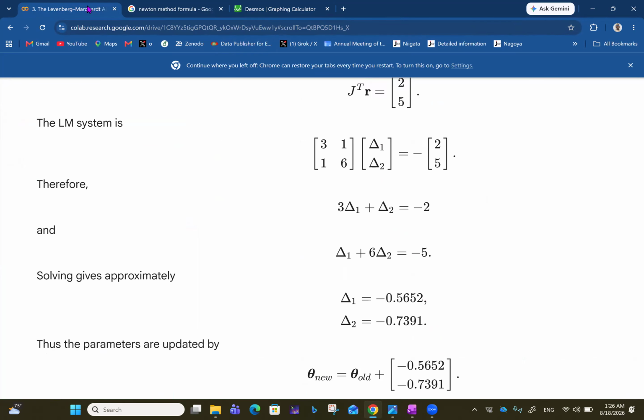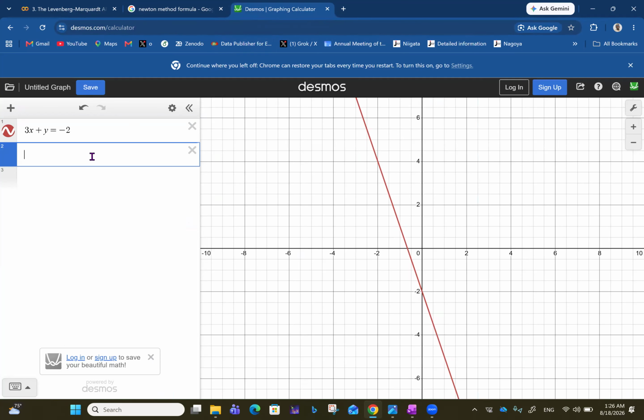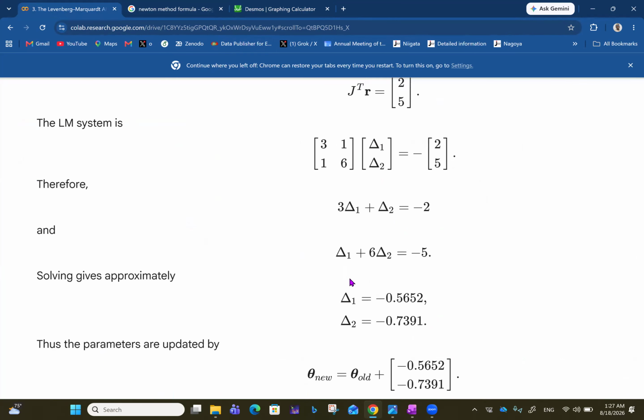Then you have x plus 6y equals minus 5. The solution is somewhere around here, where they intersect, that's minus 0.41, minus 0.76.